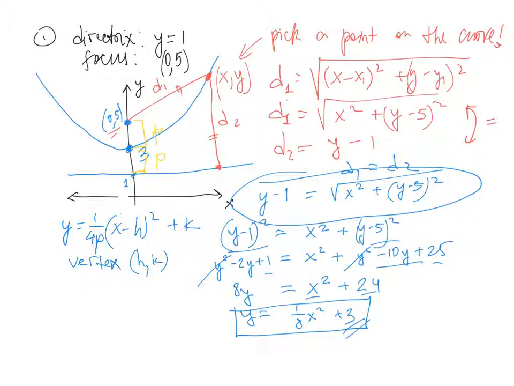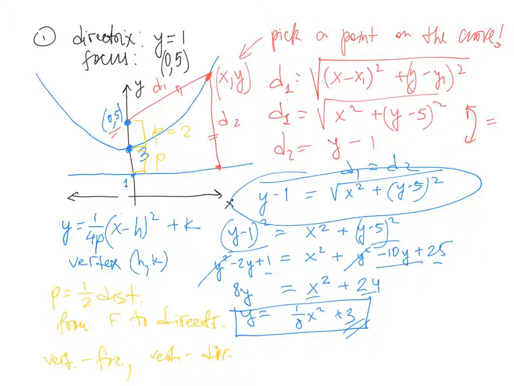So p is half the distance from focus to directrix. Or you can call it the distance from the vertex to the focus and also from the vertex to the directrix. So in this case, p is from 5 to 3, it's 2.